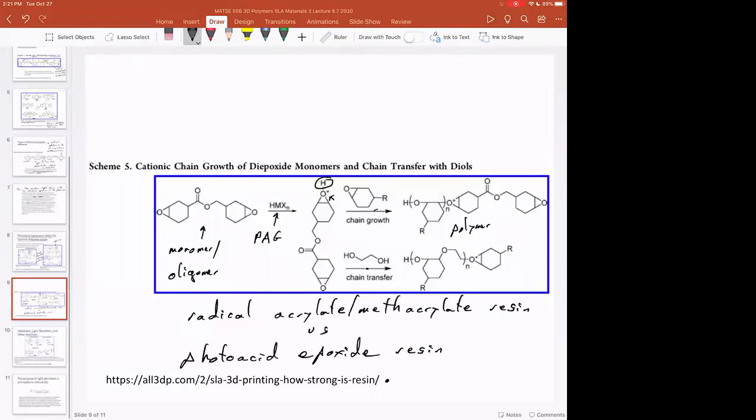And you might say, well, why don't we use epoxides all the time? Turns out they're more expensive. The resins are less stable.